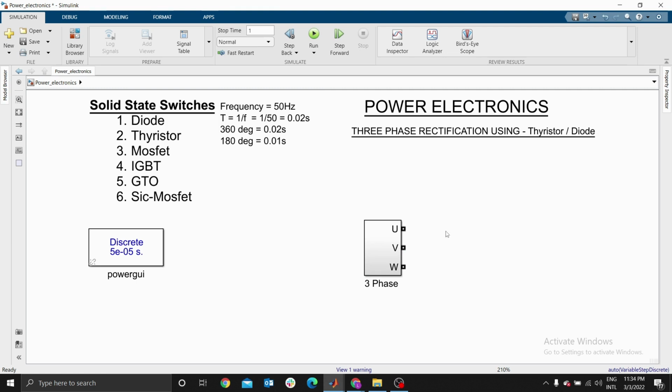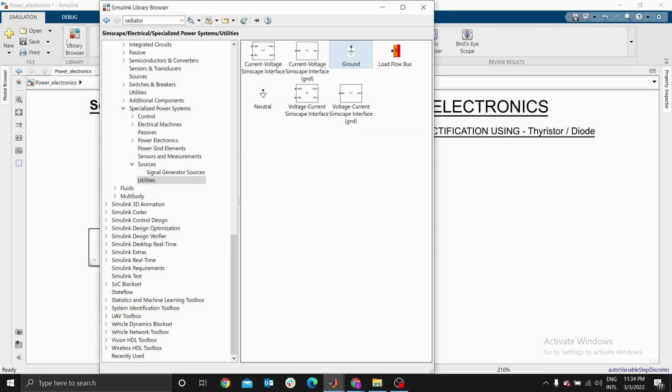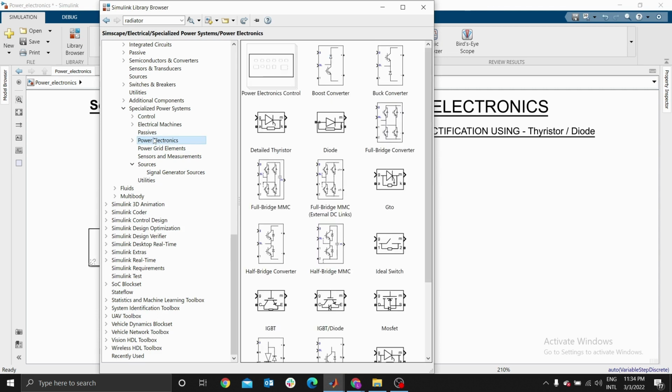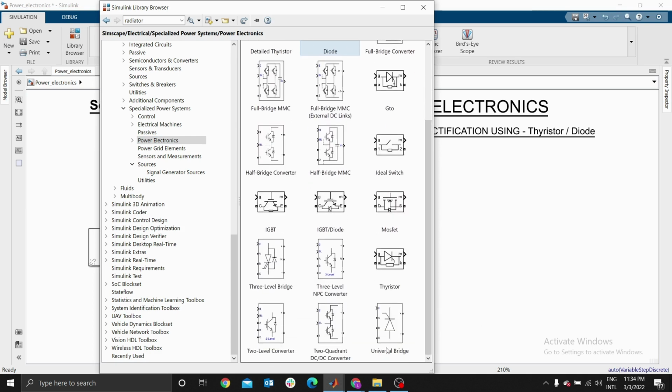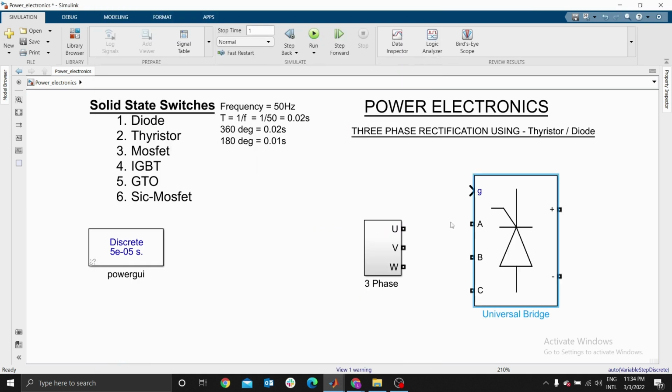Instead of having very many diodes, you can use a block that is found in power electronics. Instead of using diodes as we did in my previous videos, I can now use a universal bridge that is already designed and modeled, that can accommodate all these types of switches.